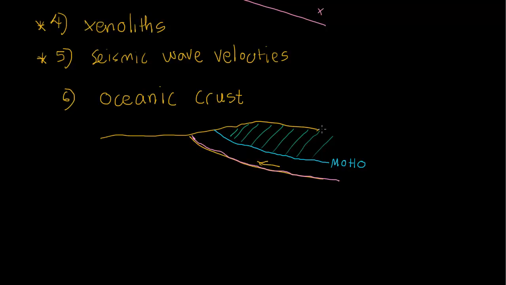So we can actually go to places like the Troodos ophiolite in the Middle East, or we can go to Cyprus in the Mediterranean and actually walk along the surface. Here's my little person here walking along the surface. Here I am, and I'm actually walking over all of the oceanic crust.